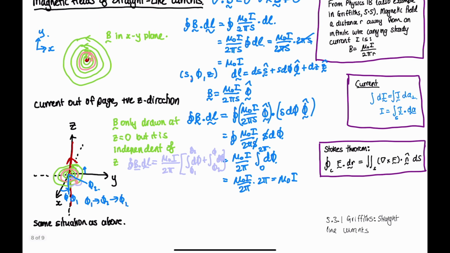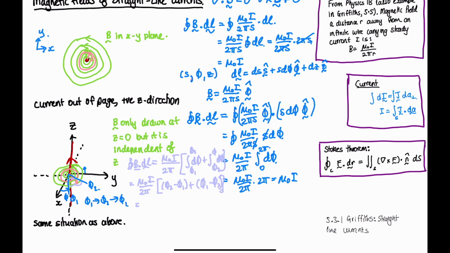And so you can see that this is equal to mu naught I over 2 pi times the integral phi 2 minus phi 1 plus phi 1 minus phi 2, sorry, I'm saying theta, but I mean phi. And so you can see that this phi 2 cancels this phi 2, and this phi 1 cancels this phi 1, so this whole thing here is 0.